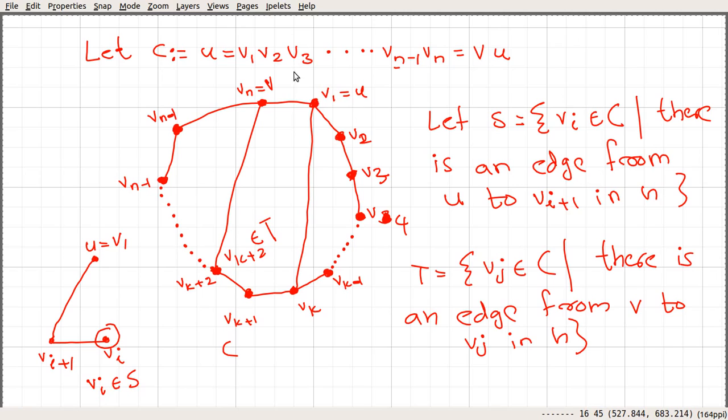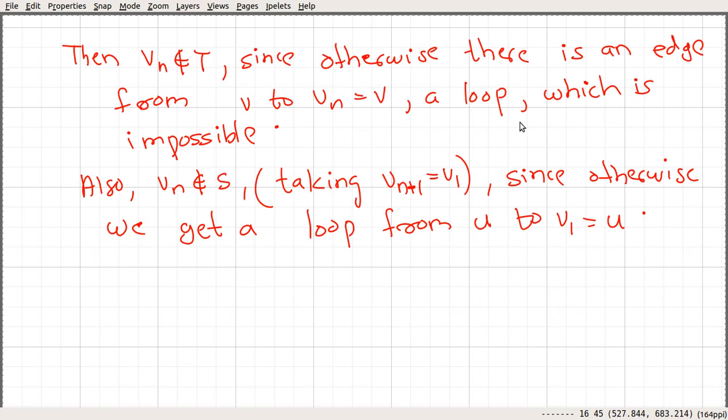And that also says this vertex Vn doesn't belong to S as well. So Vn doesn't belong to T, and it doesn't belong to S. And therefore it doesn't belong to the union of S and T. Therefore we can say that this vertex Vn doesn't belong to S union T.